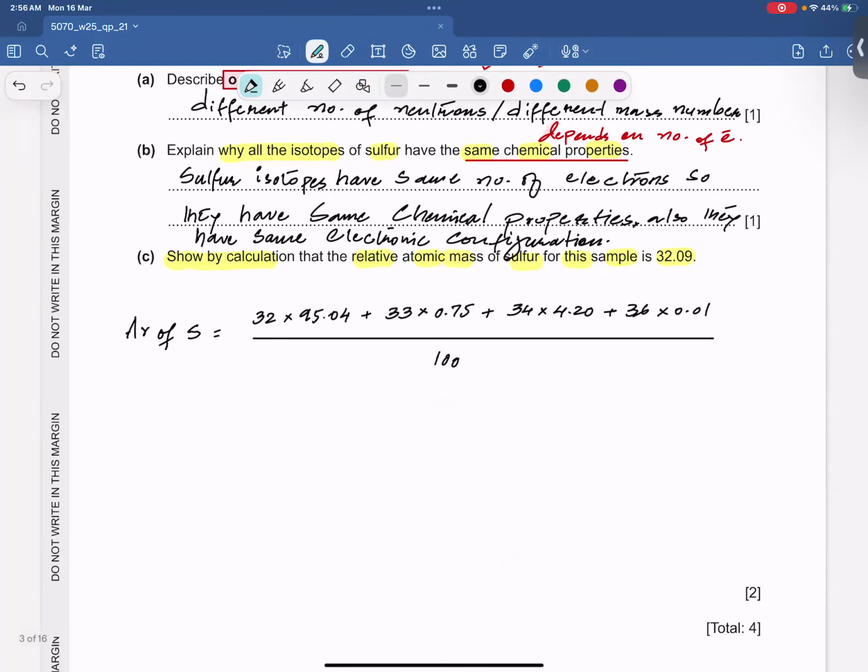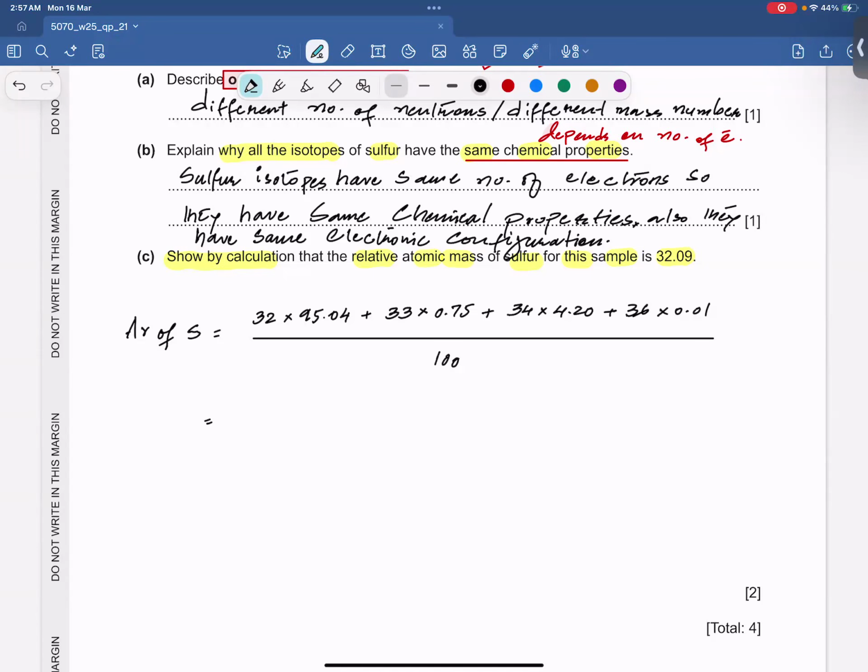So the answer, let me check. 32 into 95.04 plus 33 into 0.75 plus 34 into 4.2 plus 36 into 0.01.